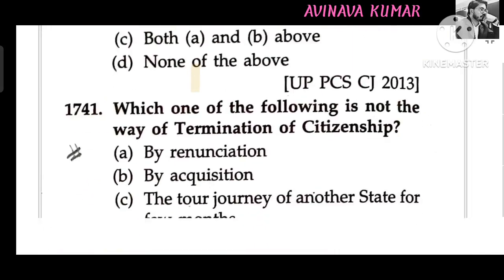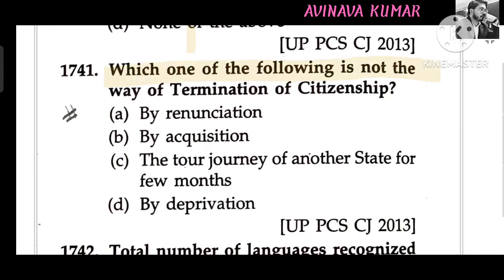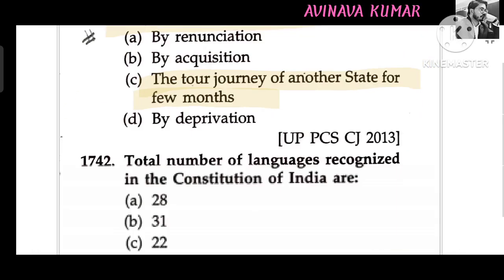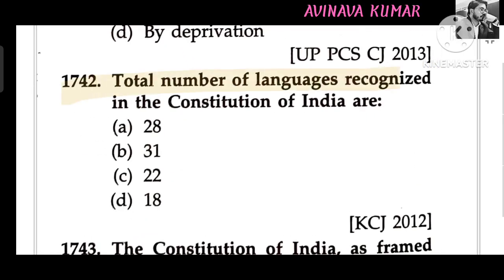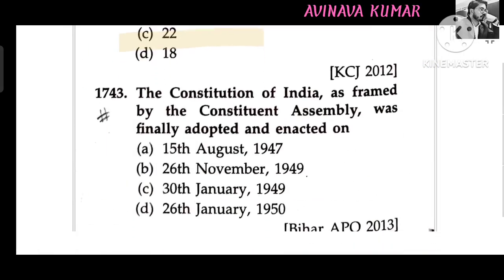Procedure established by law. Which one of the following is not a way of termination of citizenship? Touring another state for a few months. The total number of languages recognized by the Constitution of India is 22.